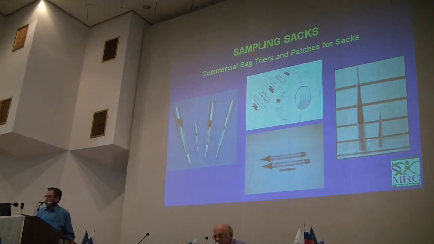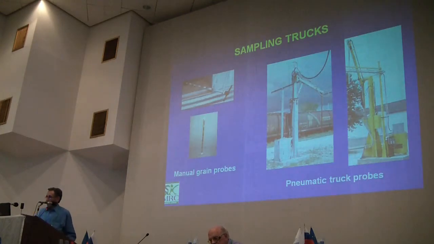Well, if you've been involved with food inspection, you've probably seen the type of equipment used. Either you use these hand samplers, probes for sacks, or you can use very long probes for trucks and containers. Either they're manual or they are pneumatic.